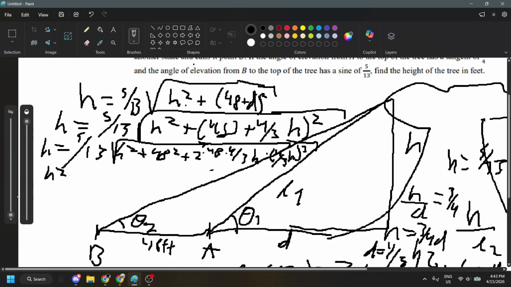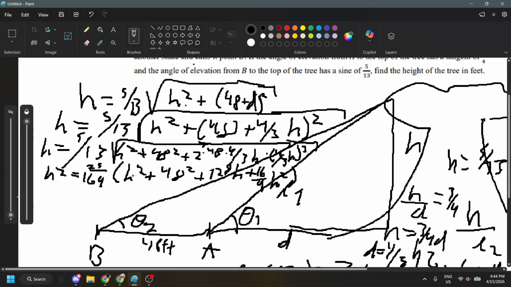So h squared is equal to 25 over 169 times h squared plus 48 squared plus 128 h plus 16/9 h squared.